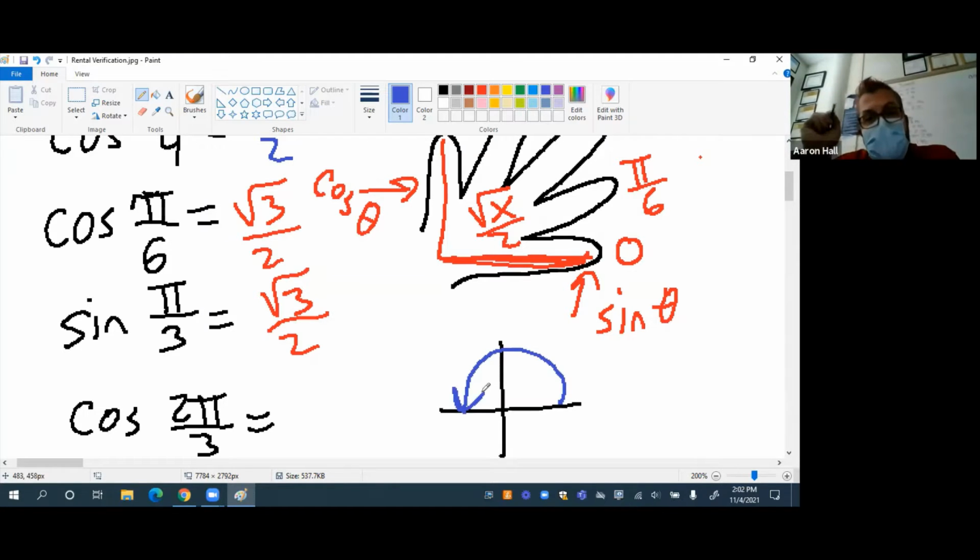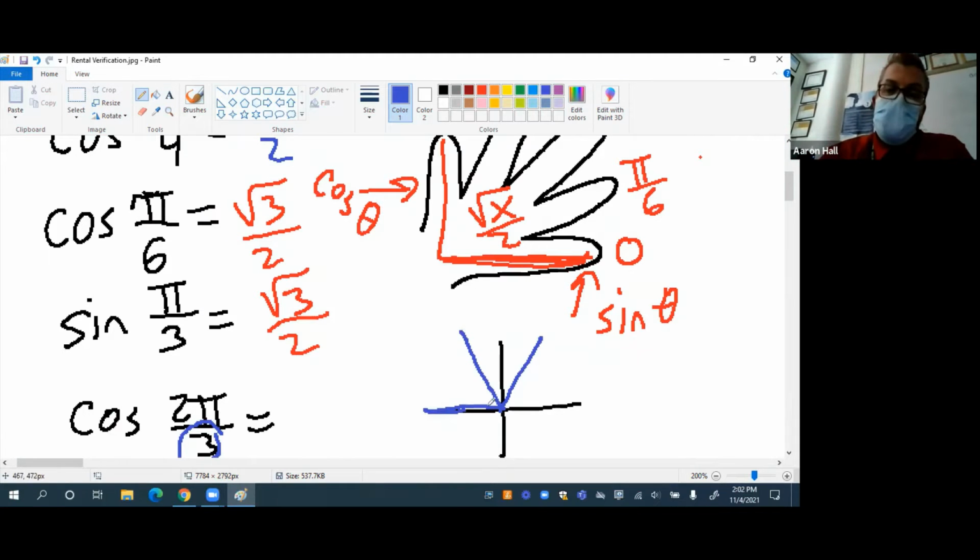I'm going to divide the half based upon this fraction. How many units am I going to divide this pi up into? Into 3, right? So 1, 2, 3.